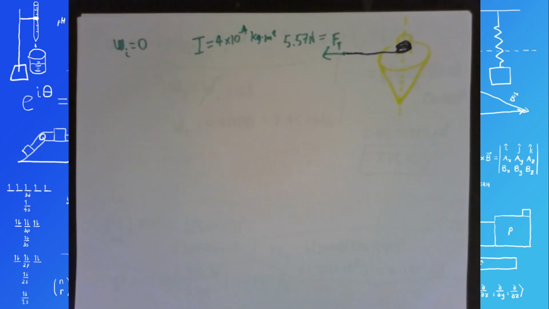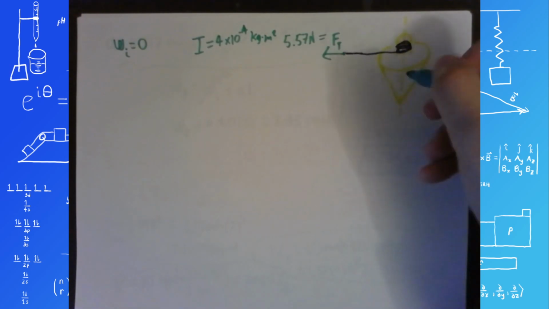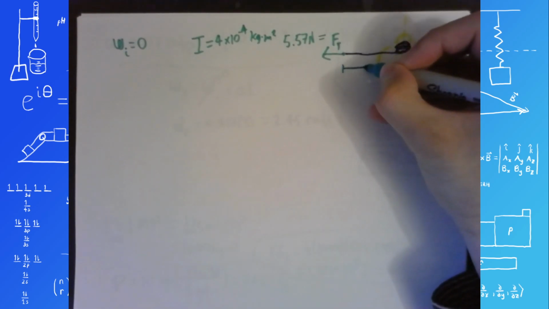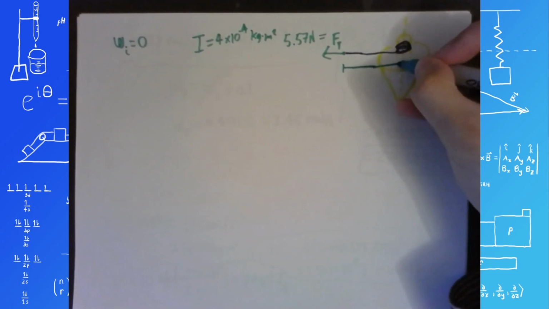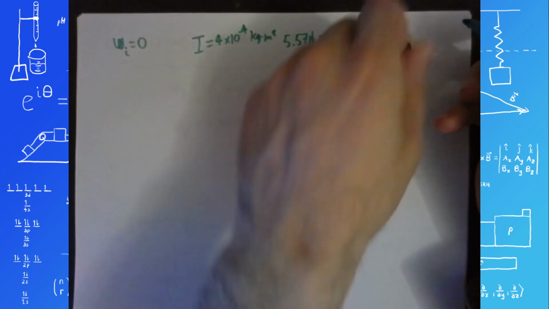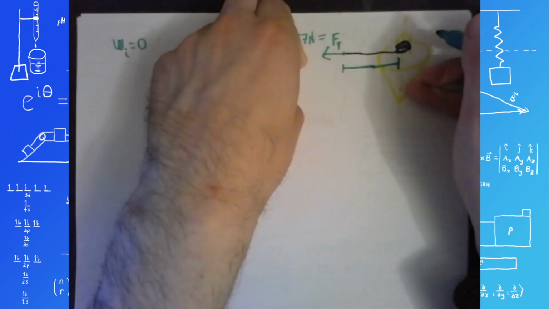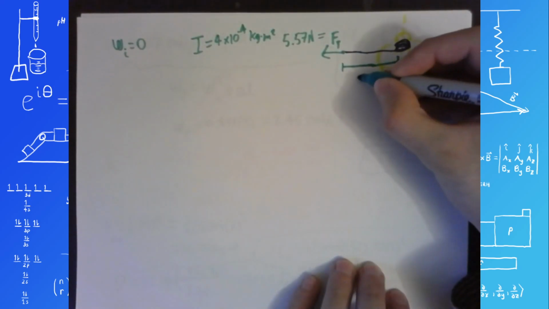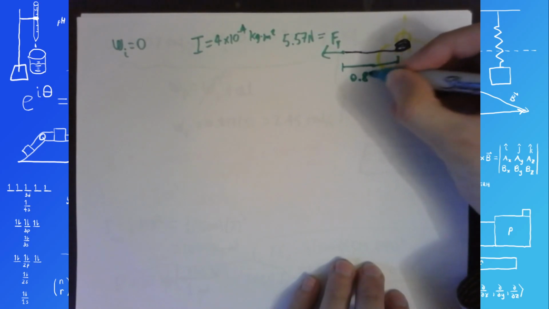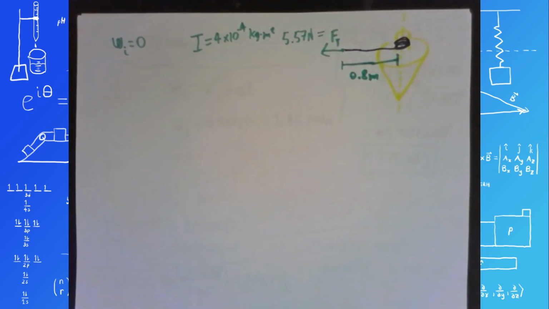They also said that this thing is pulled 80 centimeters outward. So they started here and then they pulled 80 centimeters and now it's here. So 80 centimeters, or 0.8 meters, is how I'm going to express it. We're going to want it in meters in order for our units to come out the way we normally expect them to. And that is all the information that they gave us.